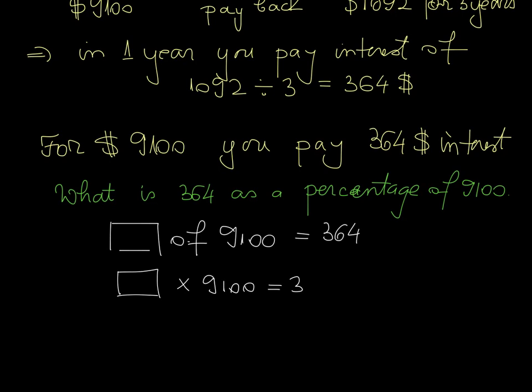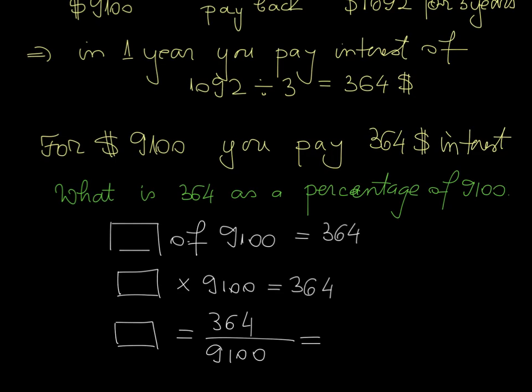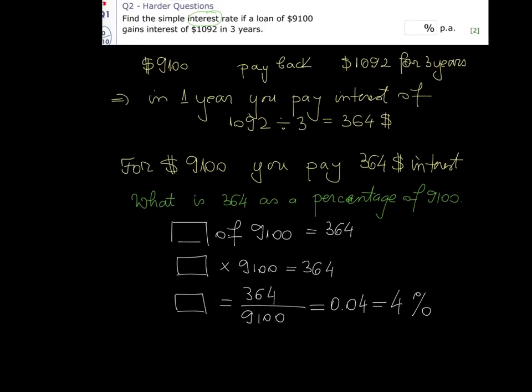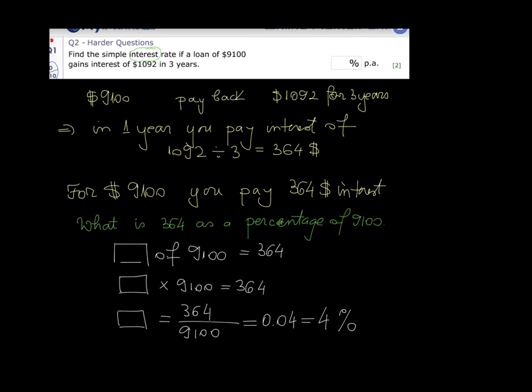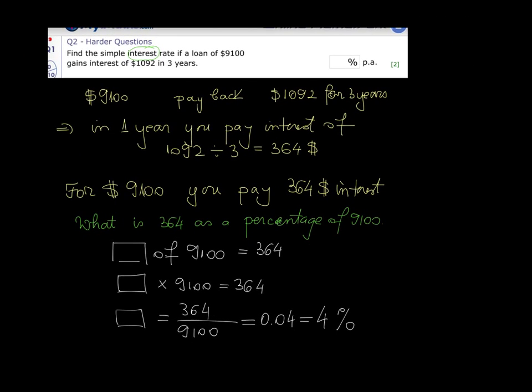The percentage of 9100 is 364. So to find this percentage, you do 364 divided by 9100. Now we take our calculators and see what it gives. And this gives me 0.04, which I know is 4%. So the interest rate is 4%.